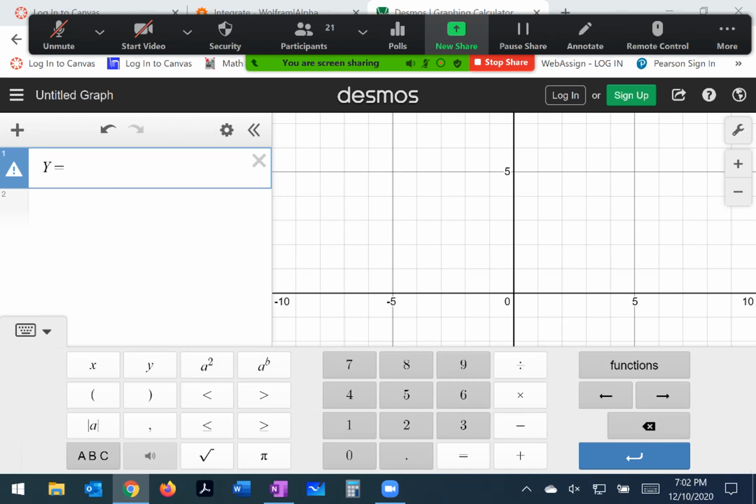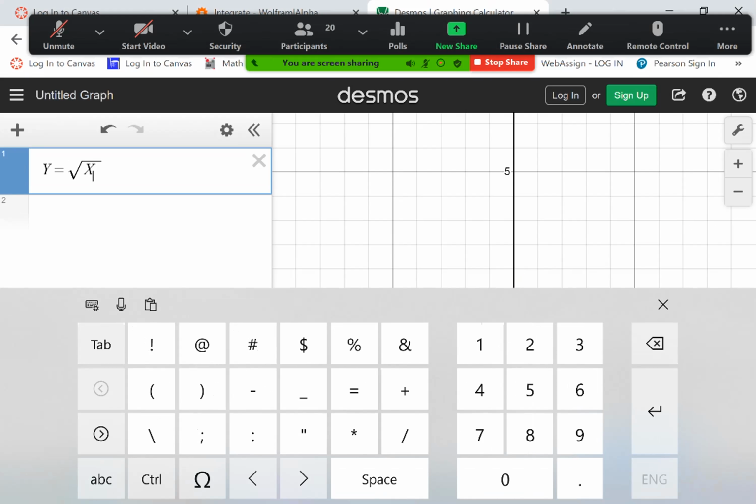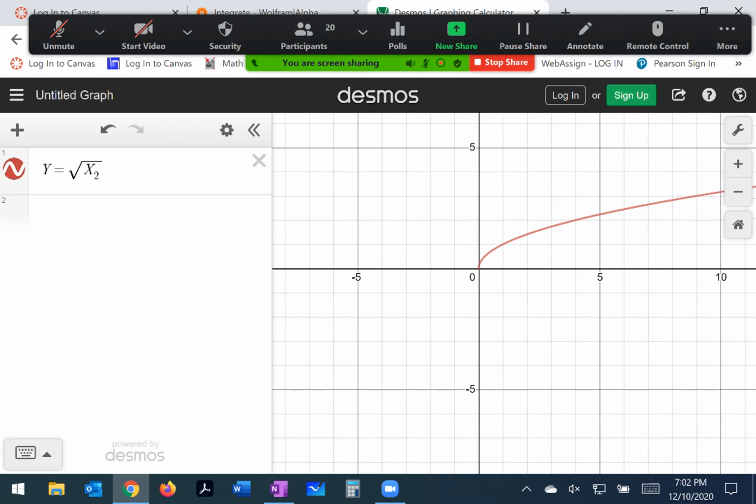There it is. The square root of x minus 2. Oops, not x sub 2. What the heck?